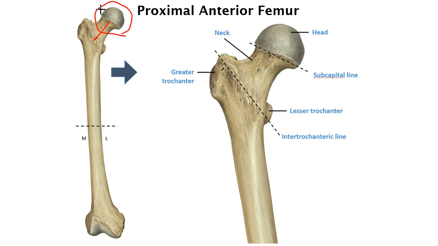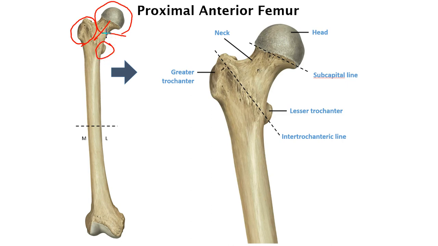Laterally, off the proximal shaft, extends the greater trochanter. As you might imagine, this bony prominence is a point of attachment for many of the hip muscles we'll see soon, including several of the gluteal muscles. If there's a greater trochanter, there must be a lesser trochanter, and we see that here.